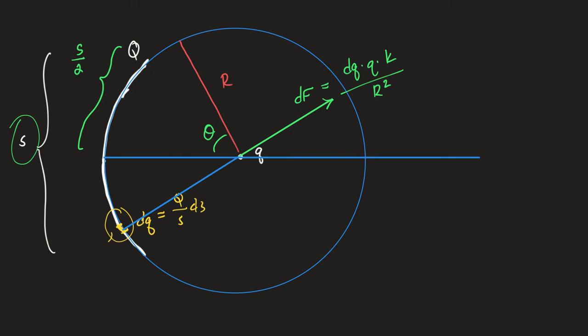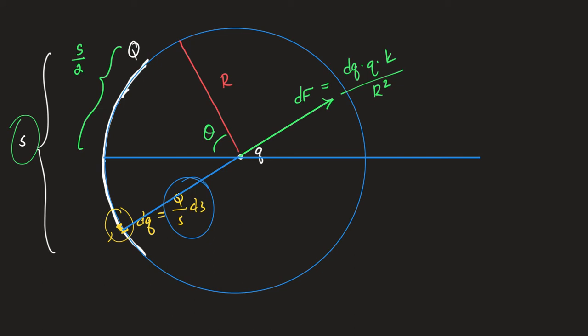Now, if you don't know how to do this, I'm not trying to punish you, and I'm not trying to make you feel inferior. You learn this in elementary school. So, if I want to write this in terms of the angle instead, and there's good reason to do that, then I might want to replace this with something that has d theta in it, as opposed to ds in it.